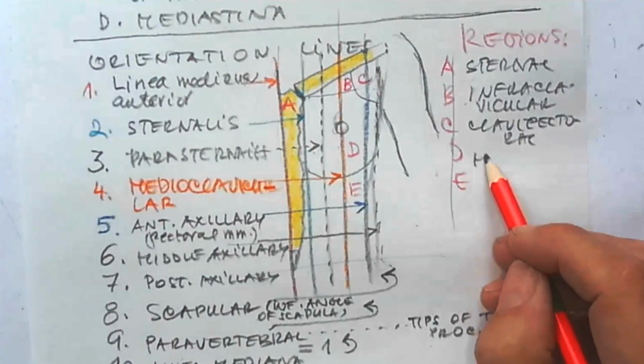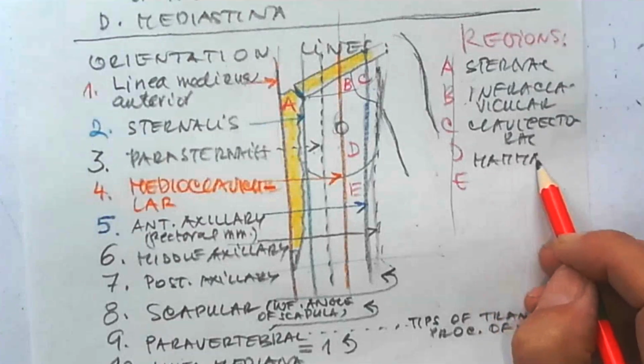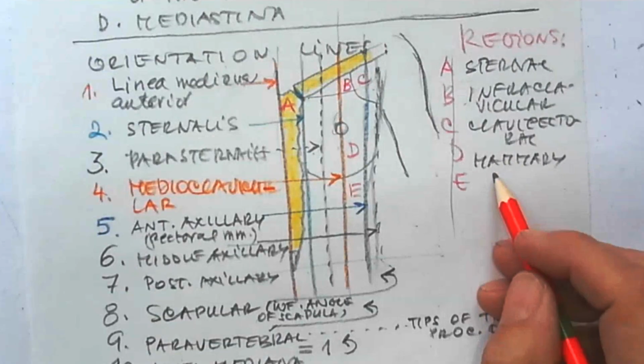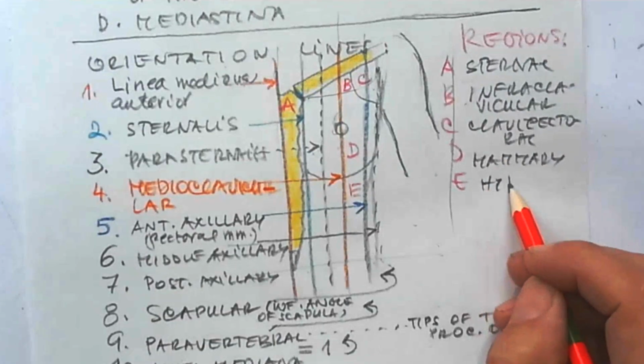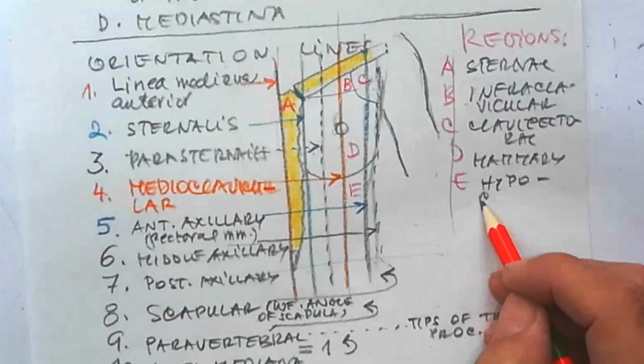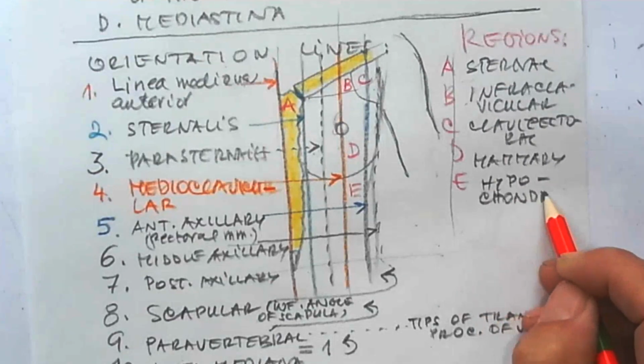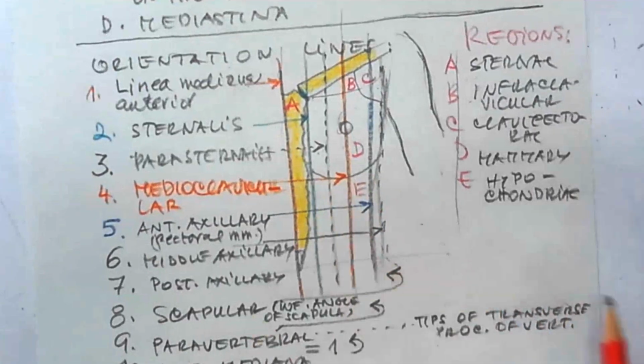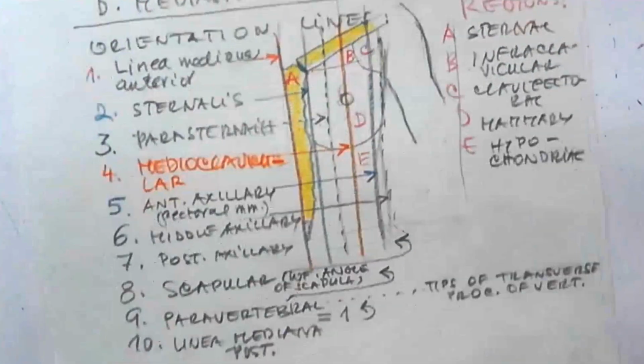D is the mammary, with mammary gland, etc. Everything was explained. And E is the hypochondriac. Hypochondriac means below the diaphragm. So I mean that this is absolutely sufficient.